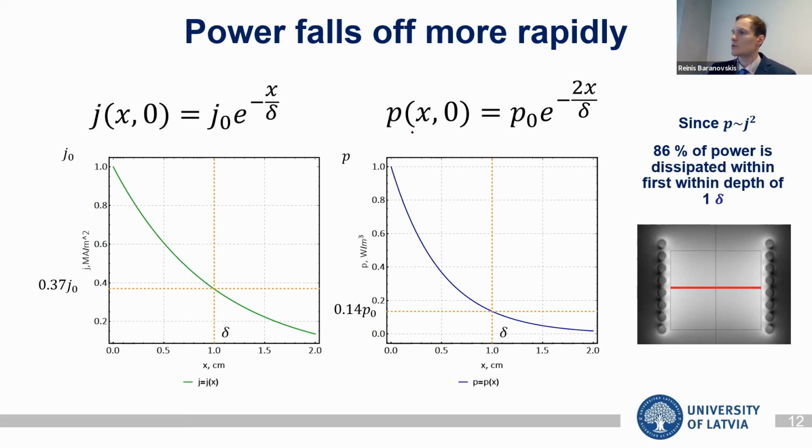But when we talk about power distribution, power is proportional to the current squared in induction heating. The decay happens even more drastically since we square this term of current, and thus we have twice as fast decay of power density in our workpiece, and 86% of power is already dissipated in the first depth of one delta.